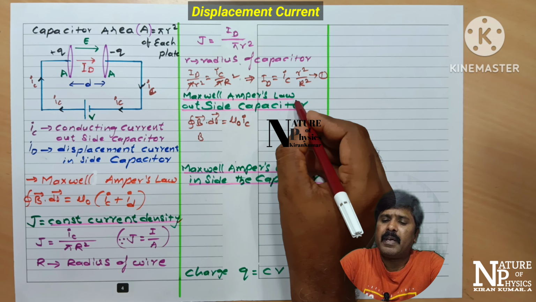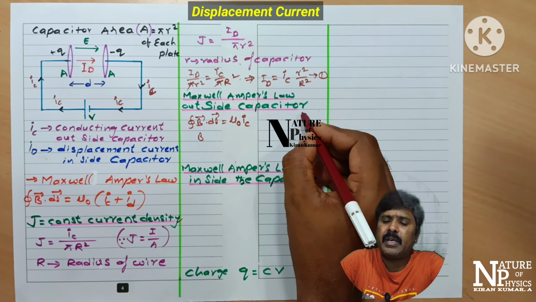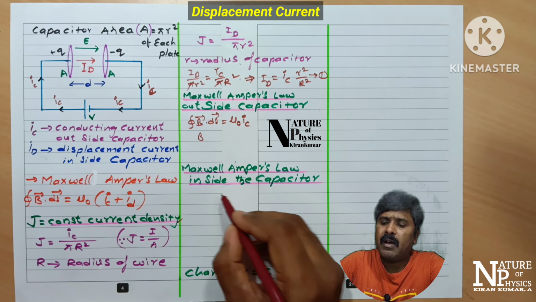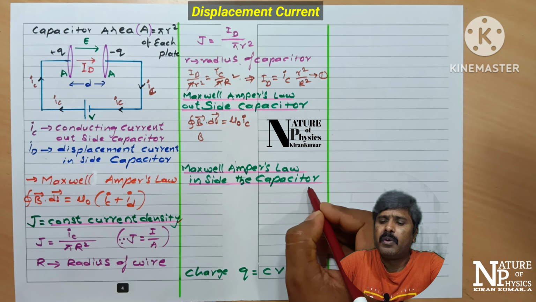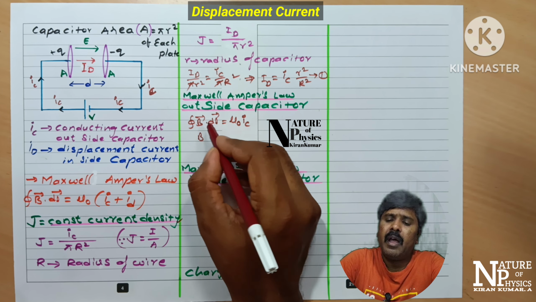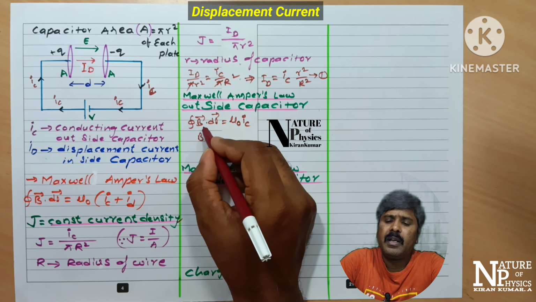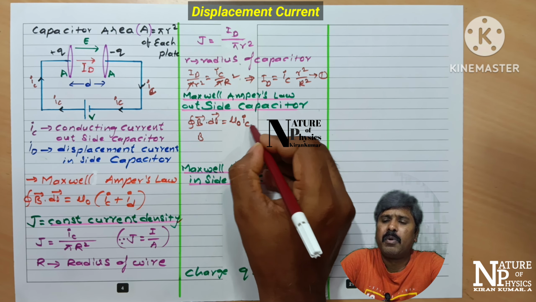Now we discuss Maxwell Ampere's law outside the capacitor and inside the capacitor. First, Ampere's law: closed integral of B dot dl is equal to mu naught IC.